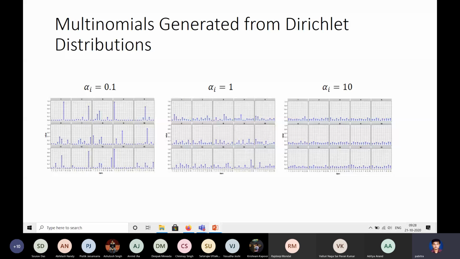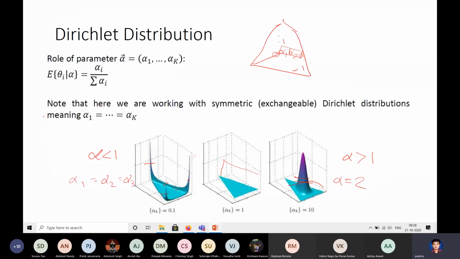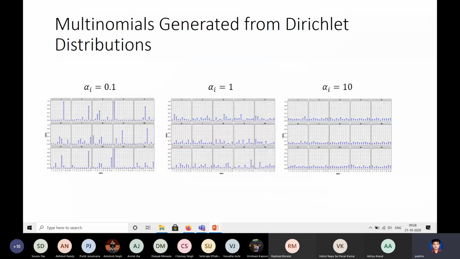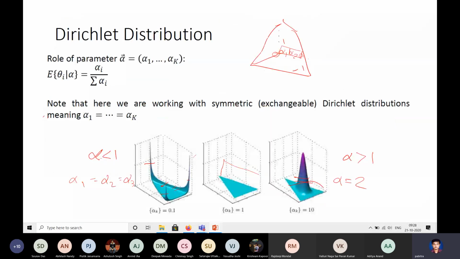Let us look at this. Remember, this is a distribution. If you draw a sample from this distribution, you will get a point somewhere inside this triangle. But remember, each point in this triangle itself is a multinomial distribution.